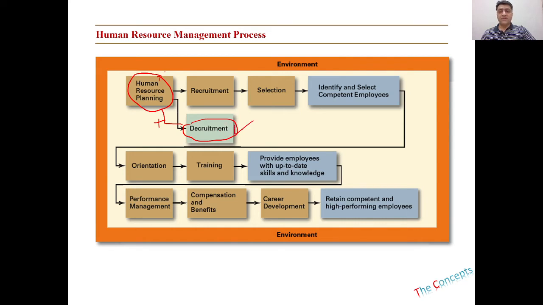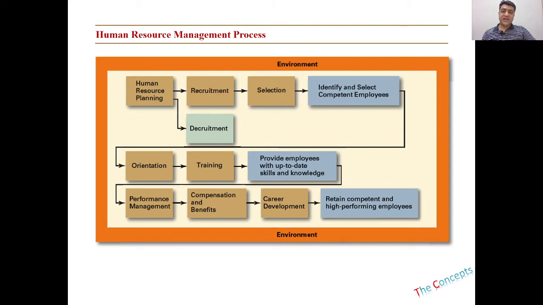But if you have shortage, which means you will be needing new employees, then you move towards recruitment. Mostly when HRP is done, this is the case that you usually follow. You need to go towards recruitment because there are some retirements, there are some people leaving the organizations, and a successful business is always growing. So that means they need more people. So you move towards recruitment.